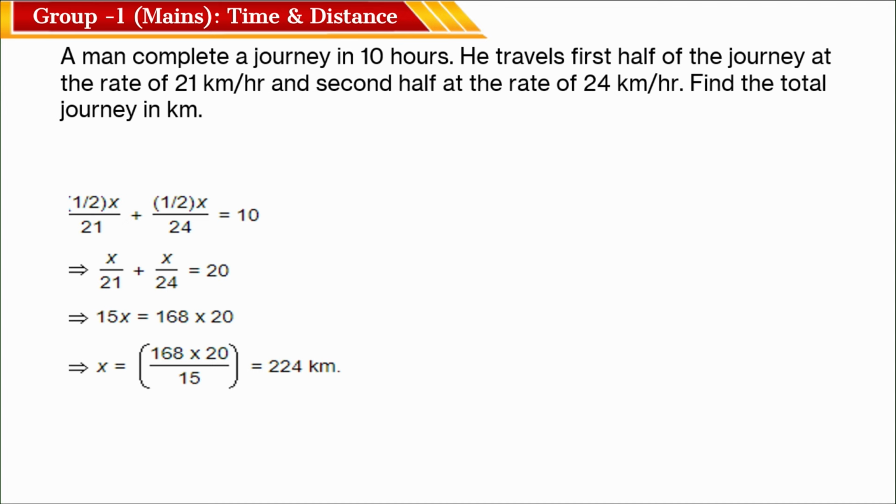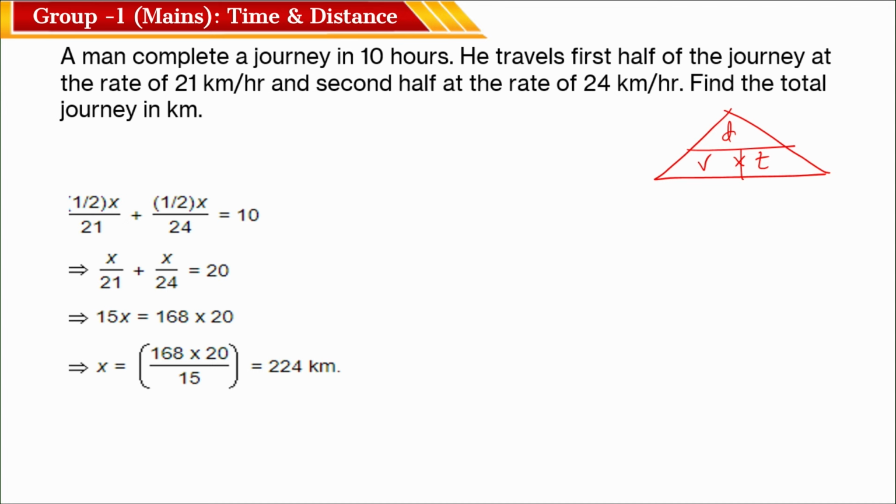Before going to that, I will give a triangle, which is very important, as you know. Here this is the distance, this is the speed, this one is the time. So we have 3 formulas: distance is equal to velocity into time, or velocity or speed is equal to distance by time, or time is equal to distance by speed.